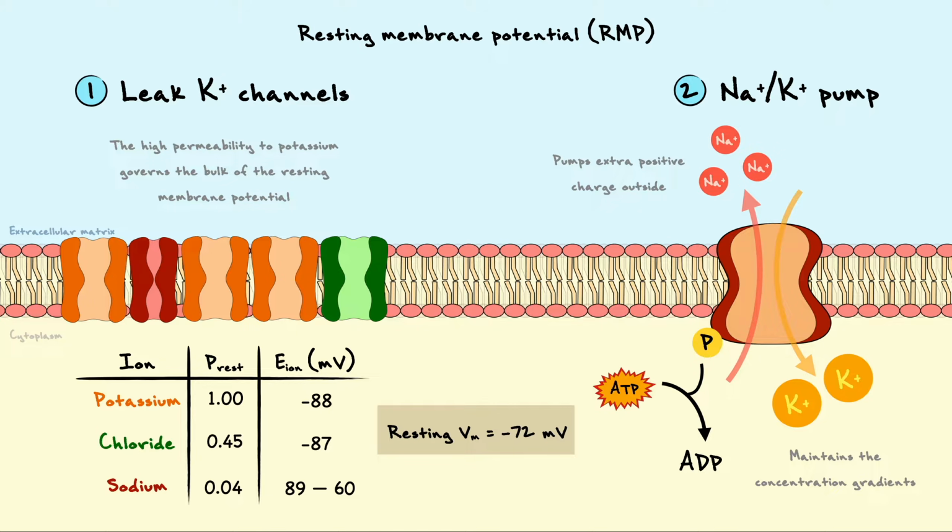As a result, it contributes to setting the resting membrane potential a few millivolts below. The most important function of the pump, however, is to maintain the concentration gradients for each ion. Without its constant action, the gradients would dissipate and the signaling mechanisms of the cell would all be damaged.